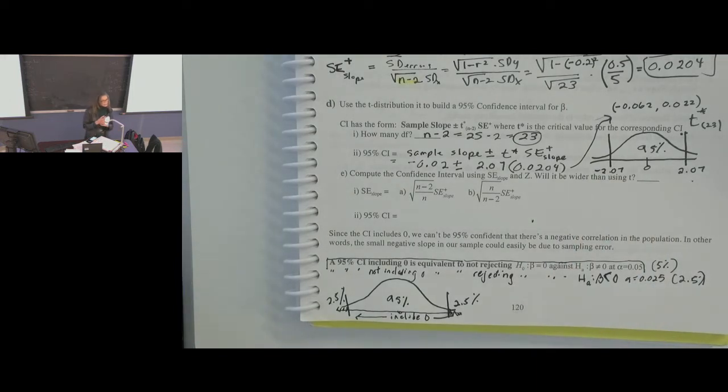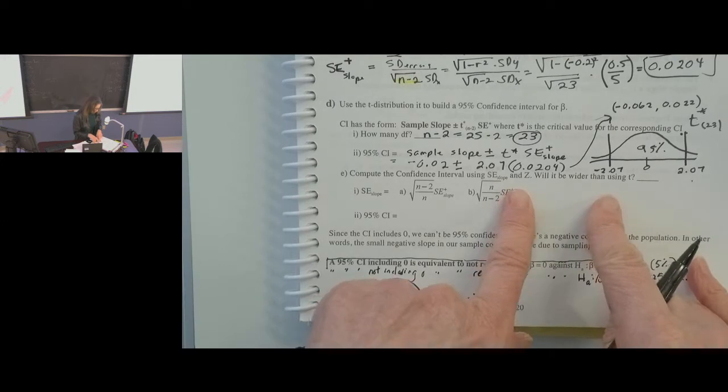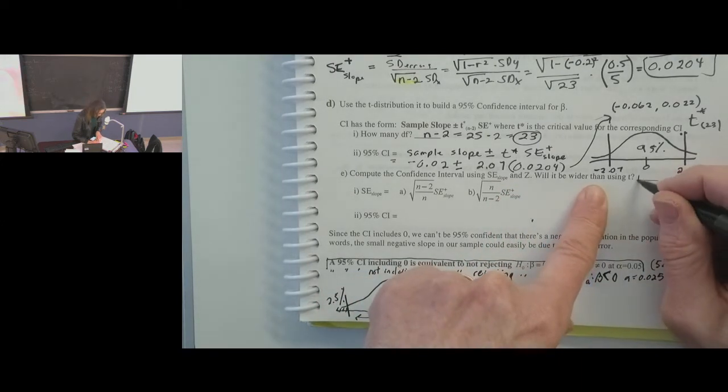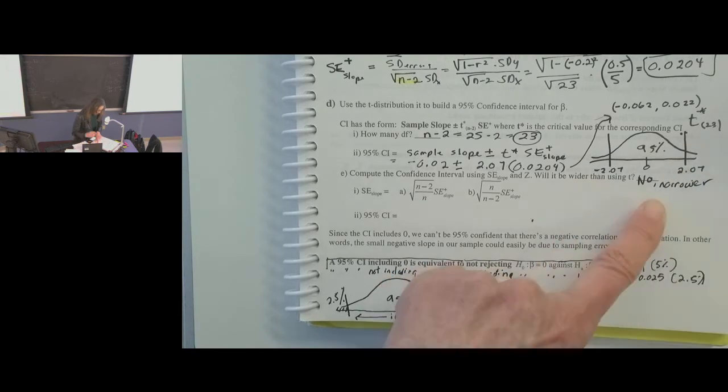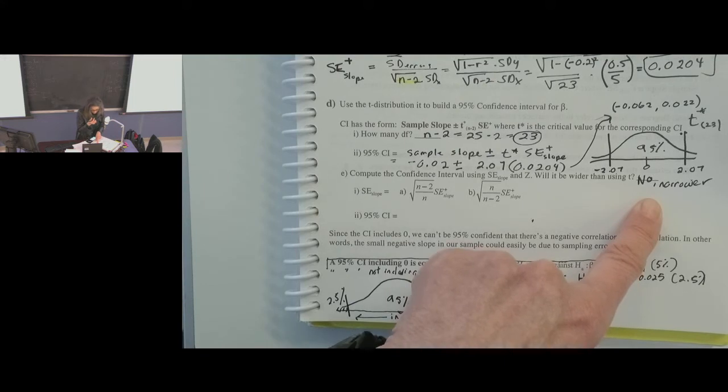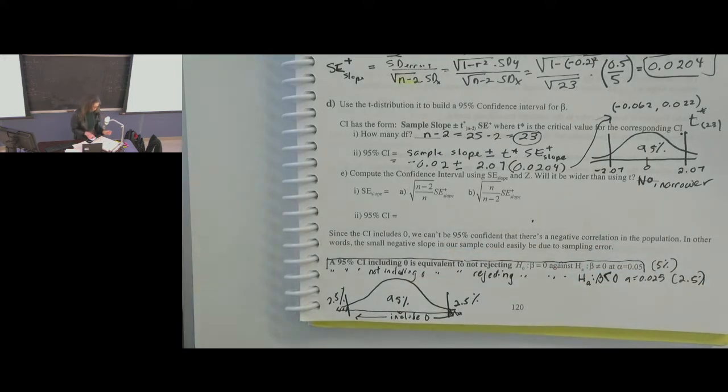It's wider with t, so with z it's going to be narrower, right? So what is the question? Will it be wider with z? No, it will be narrower. Z will be narrower because z star is going to be less, right? It's higher in the middle.